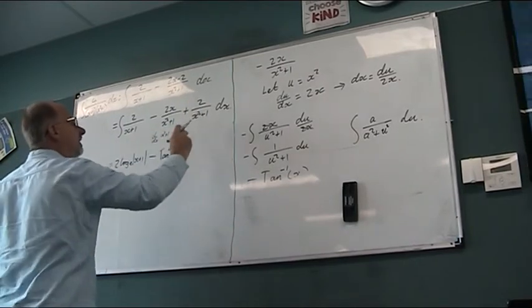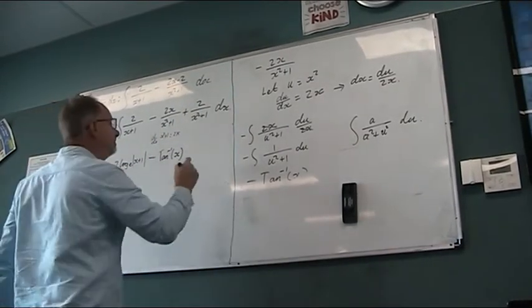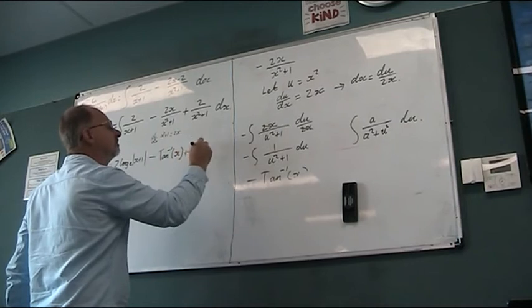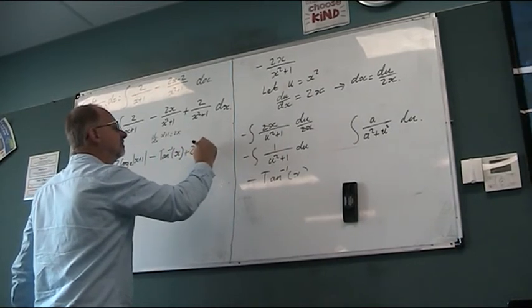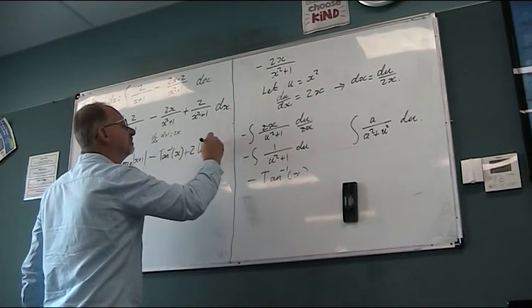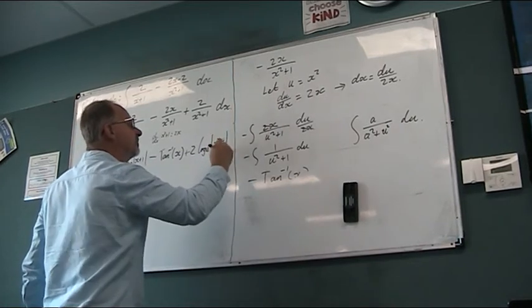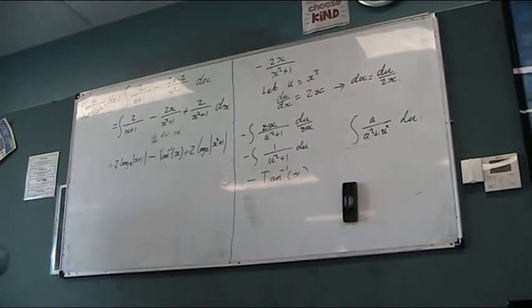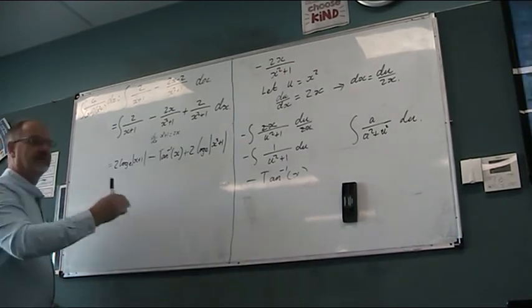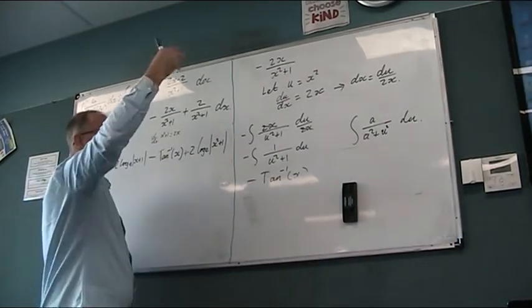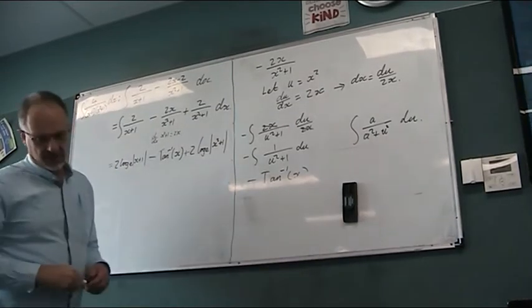And then this one over here, because it's irreducible, it's treated as 1 over x squared plus 1, which is 1 over something. 1 over something goes to log.